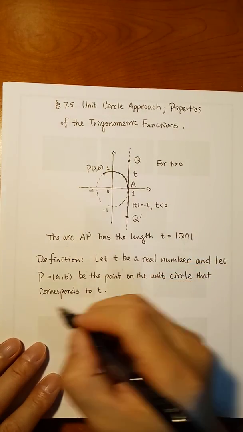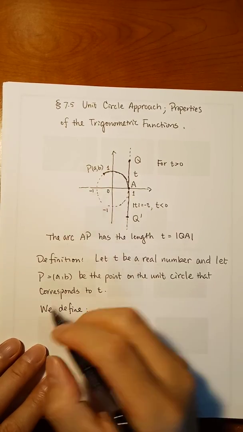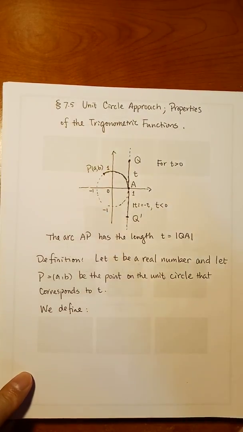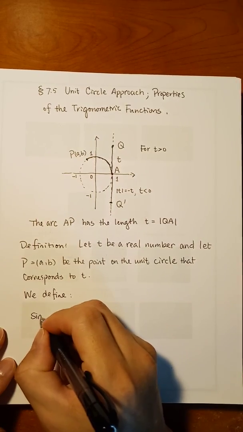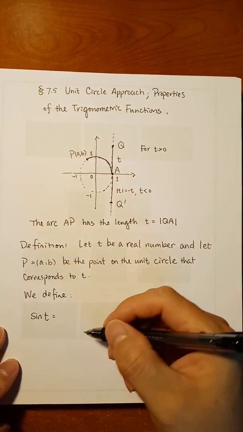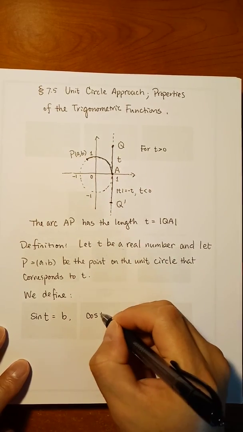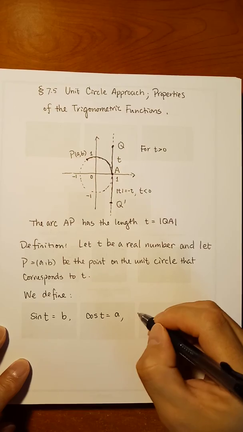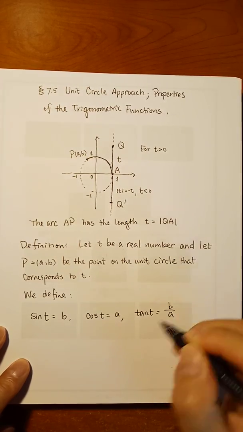Then we define six trigonometric functions. Sine of t is just b. Cosine of t is a. Tangent of t is b over a.